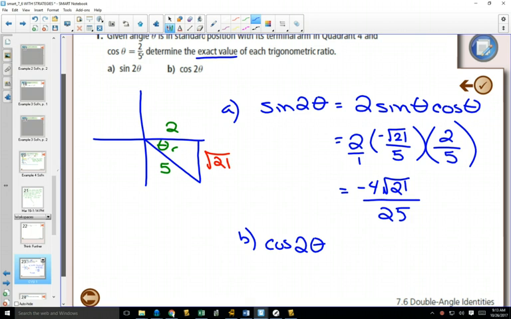Now the one that I would pick as my favorite of the 3 would be this one. Anybody know why that one's my favorite in this question in particular?